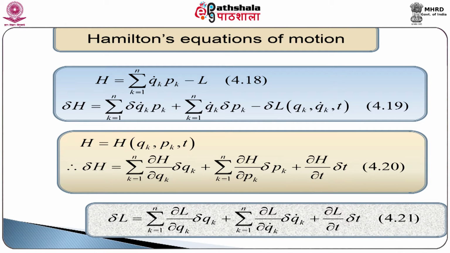Now, the Hamiltonian H is a function of generalized coordinate qk, generalized momenta pk and time t.